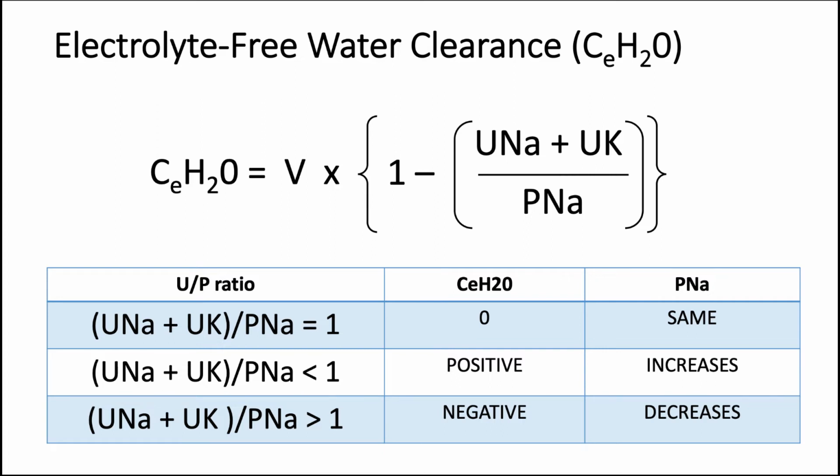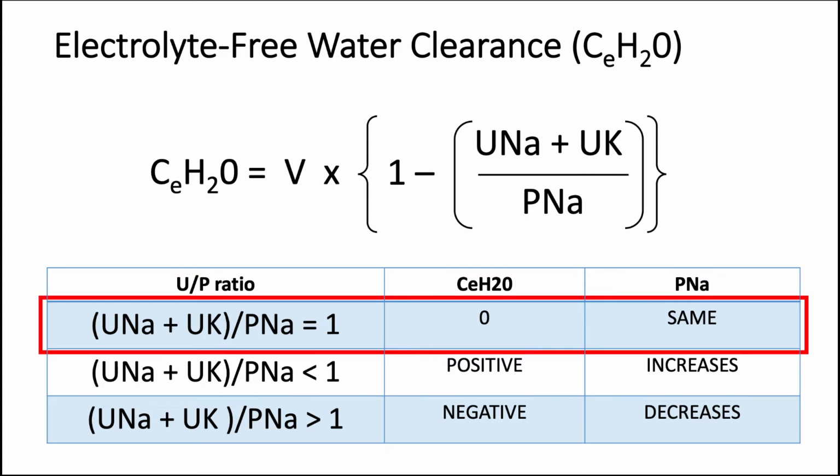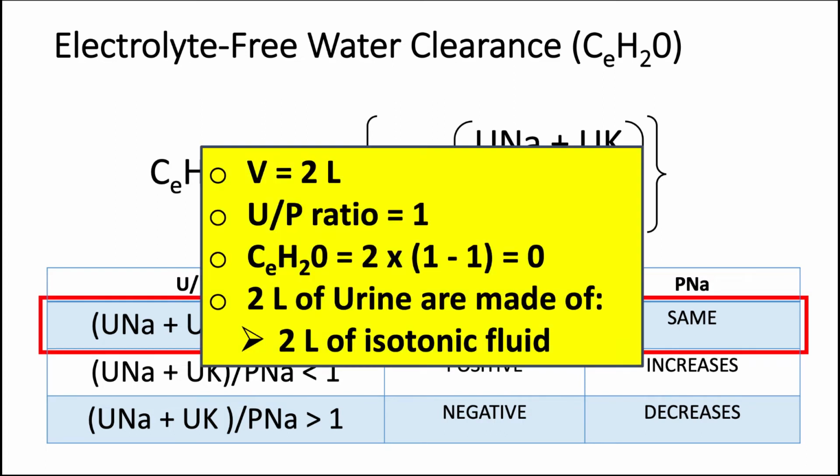So when the ratio, in the first row, is 1, okay, let's put an example. Let's say somebody's making 2 liters of urine per day. The UP ratio is equal to 1. Then if you calculate the electrolyte-free water clearance, that is going to be 0. What does it mean, 0 free water clearance?